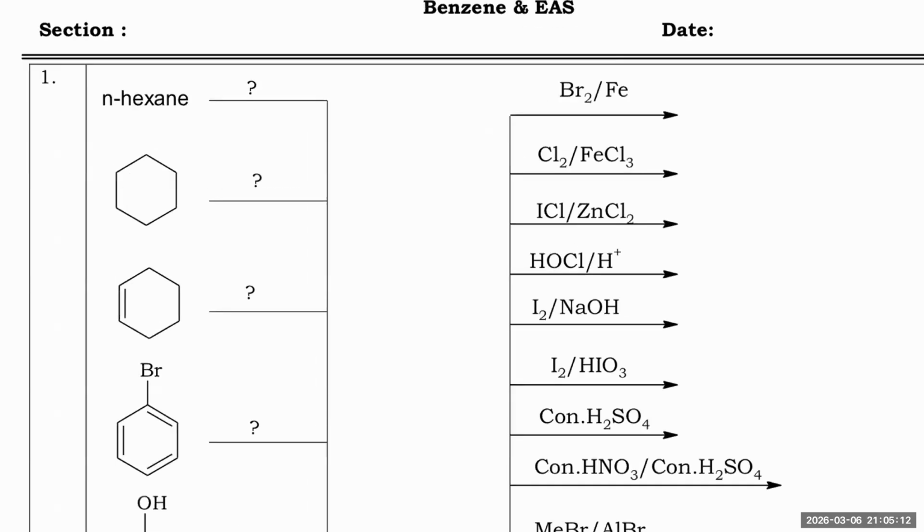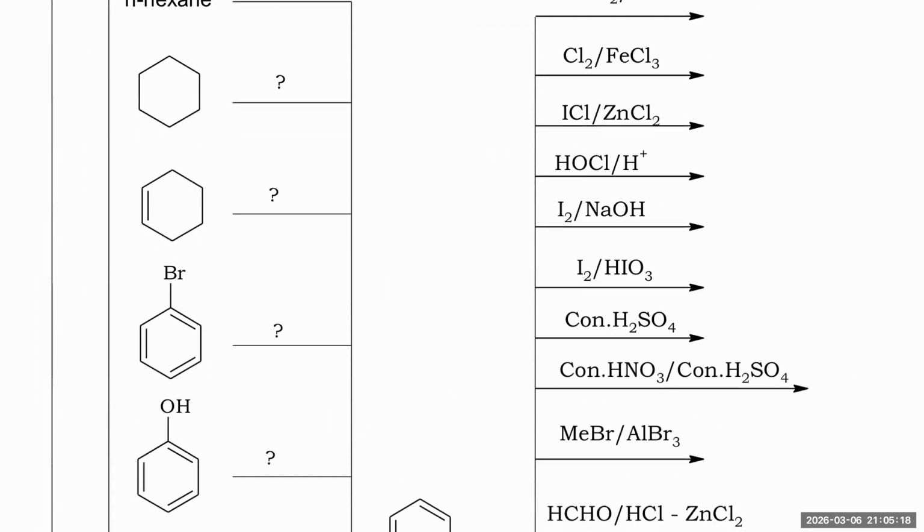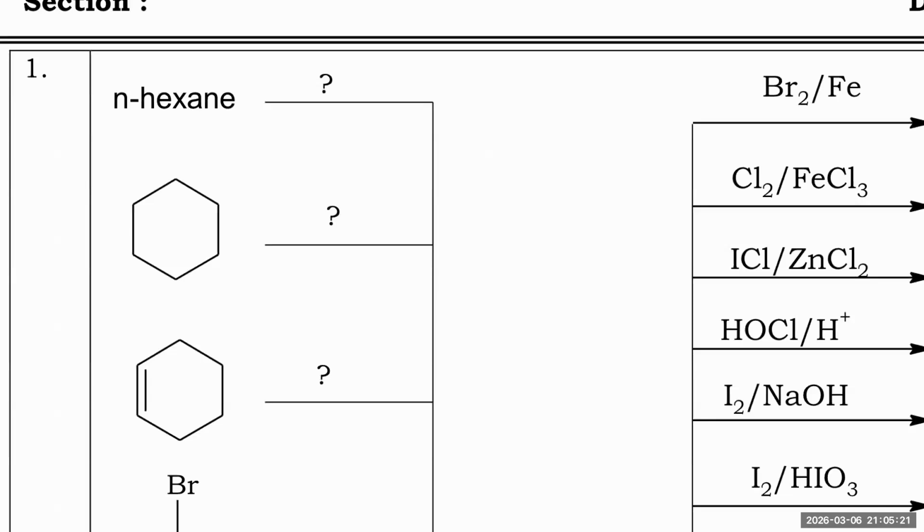So this is the drill assignment. You can see one by one. What are the products here? First, n-hexane to benzene. We learned that we need to use Cr2O3 or Al2O3 combined with a temperature of 773 kelvins and around 20 to 200 atm pressure.